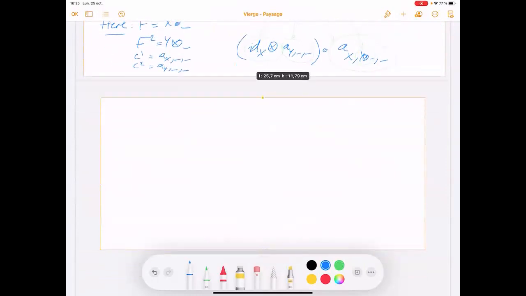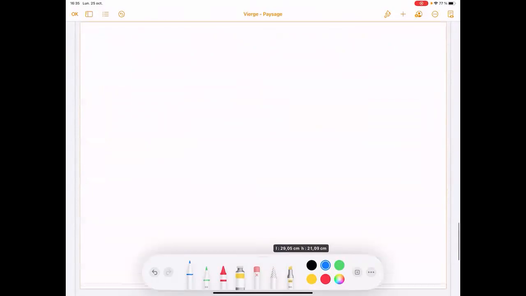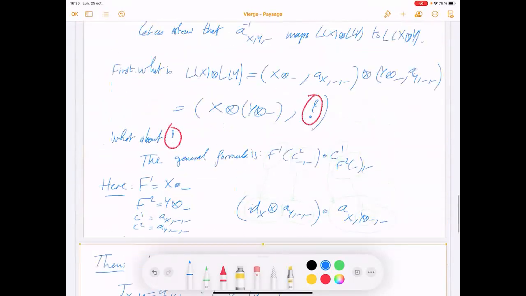So what we get, so then we need to see that this is equal to A inverse X, Y, something from X tensor Y tensor something. So this is what we wrote here.